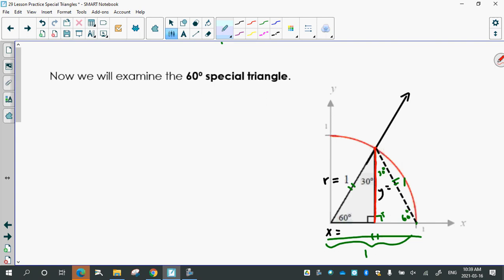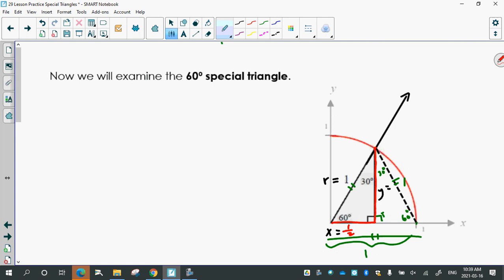What's this side like? X. You should just be able to figure it out from the diagram. 1/2. Okay, so this vertical bisects this side. So it cuts 1 in half and makes this half and then this half.